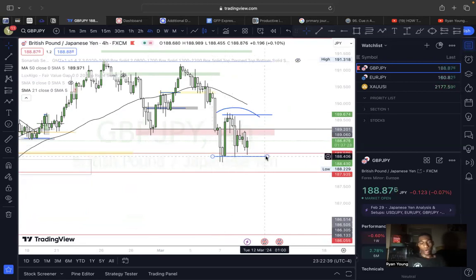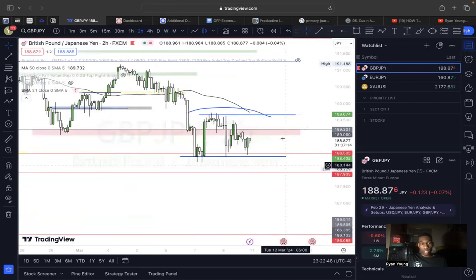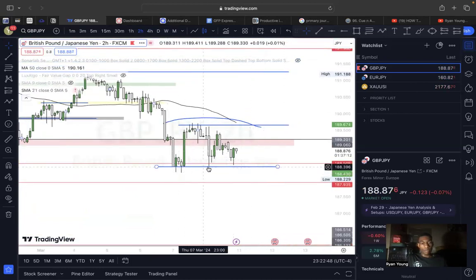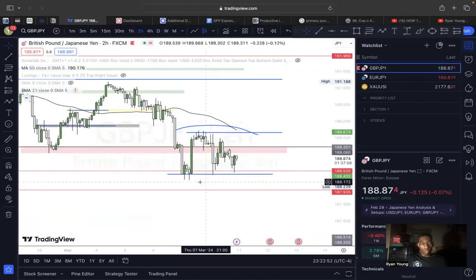You can also call it a random line, but a line that I drew right here, which is kind of the average. Let me go down to the 2 hour, but kind of like the average area where price has tapped into overall right here, creating this area of support where price has respected right here, respected here, and respected here, refusing to break below it and continue to the downside.